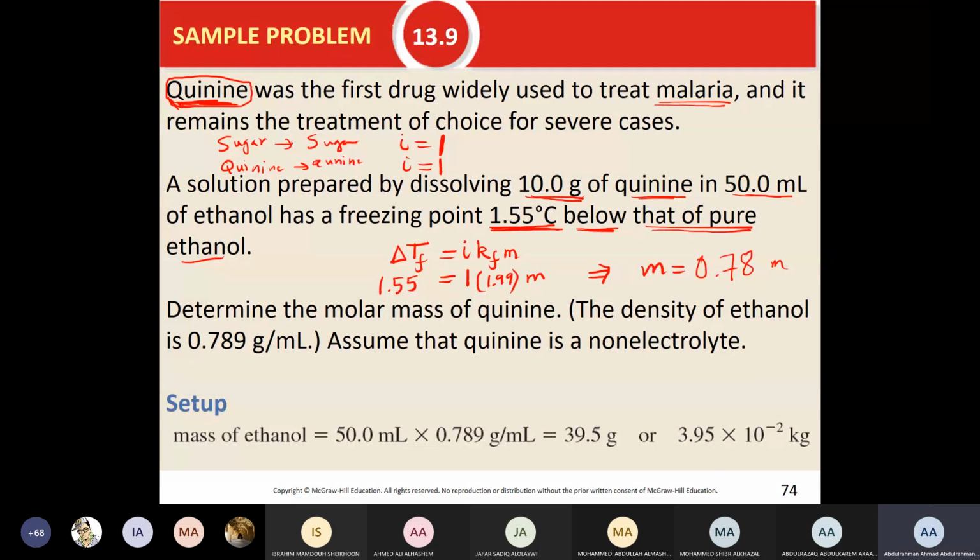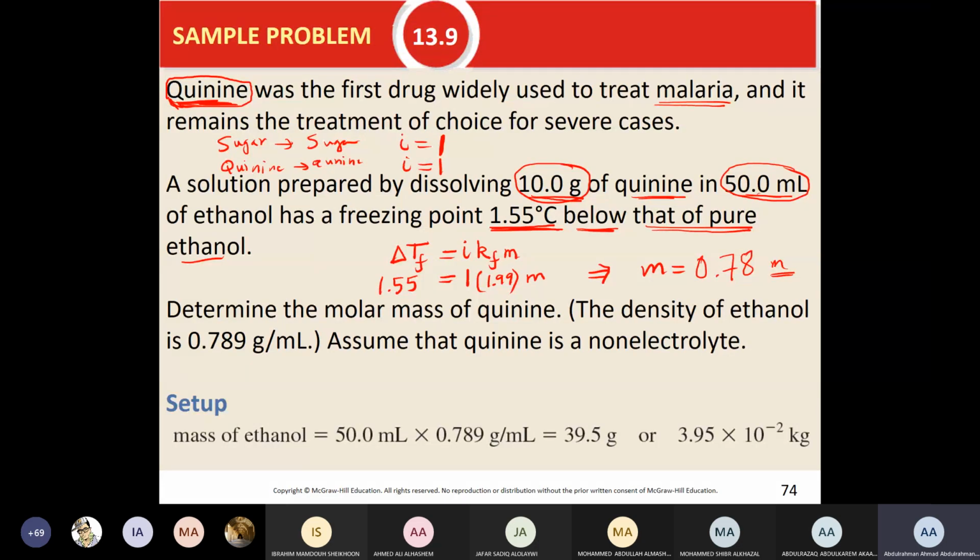We have a solution prepared by dissolving 10 gram in 50 milliliter of ethanol, and we have the molality. Can you calculate the molar mass of quinine? First, forget about the 10 gram.